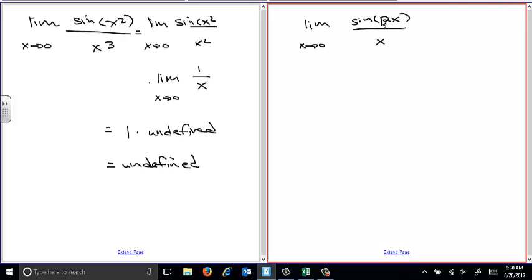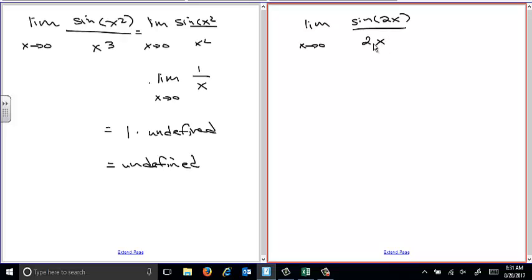I was saying that the argument of the trig function, well, what is the argument of the trig function? Two x, right? So if this here is exactly the same as the argument of the trig function, then I should be able to use the squeeze theorem.